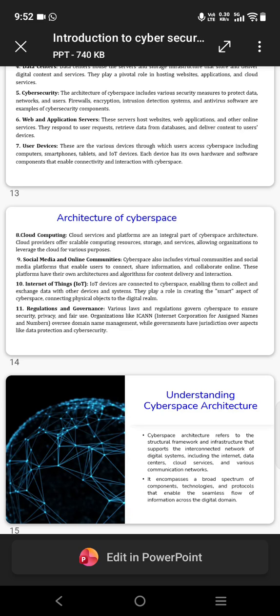Various laws and regulations govern cyberspace to ensure security, privacy, and fair use. Organizations like ICANN, Internet Corporation for Assigned Names and Numbers, oversee domain name management, while governments have control over aspects like data protection and cybersecurity.